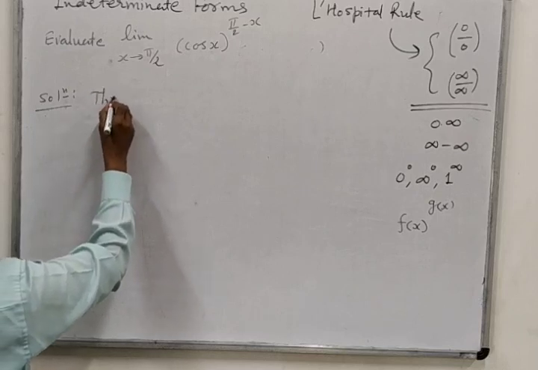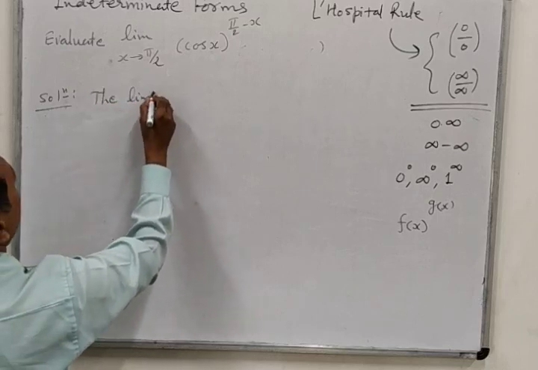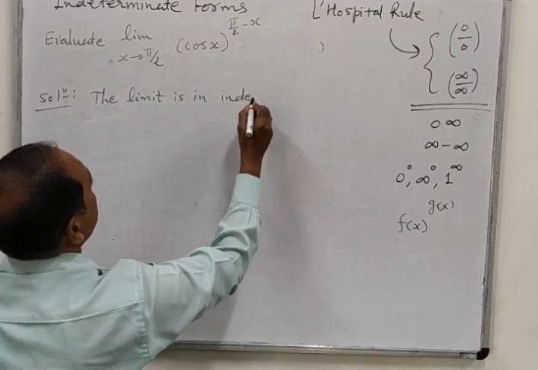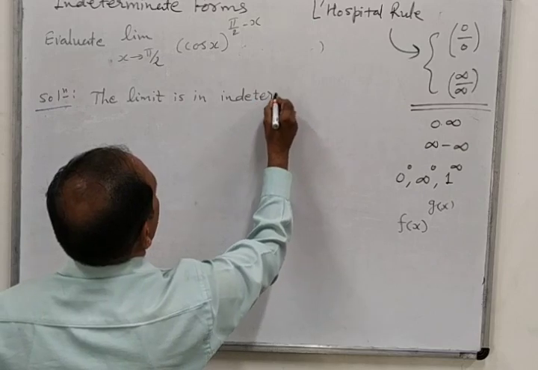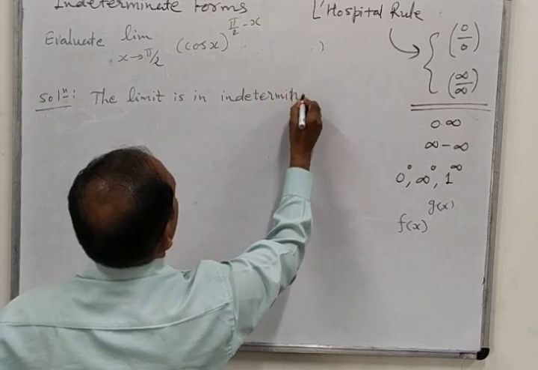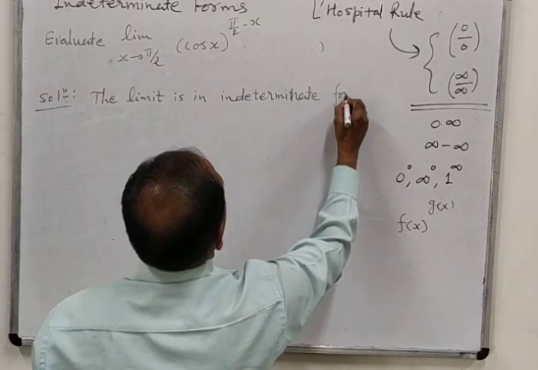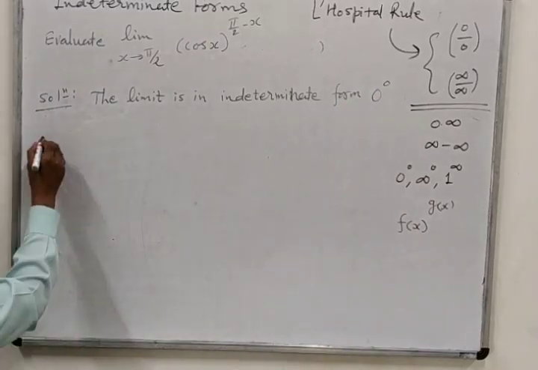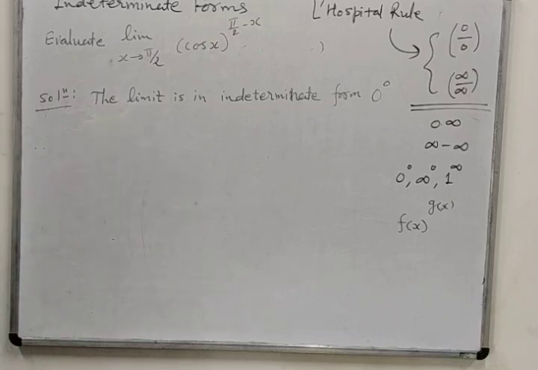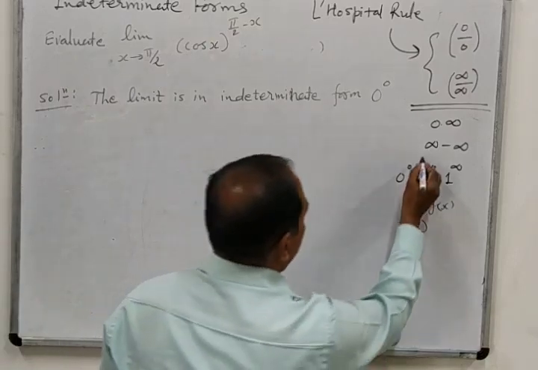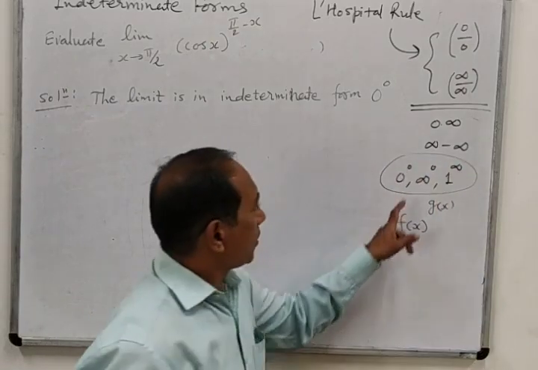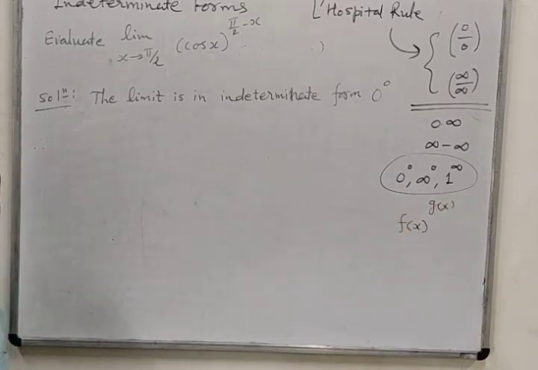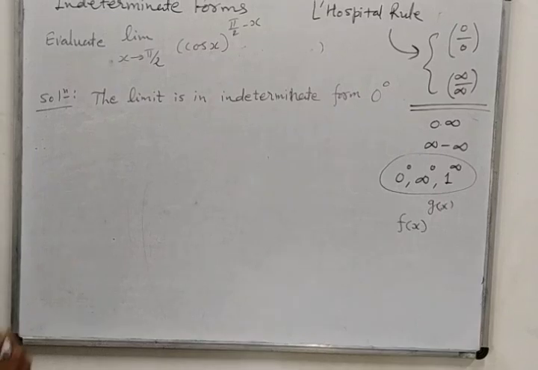So you can write that the limit is in indeterminate form 0 raised to 0. Whenever the limit is given in one of these three forms, that means f of x raised to g of x, always follow one rule.